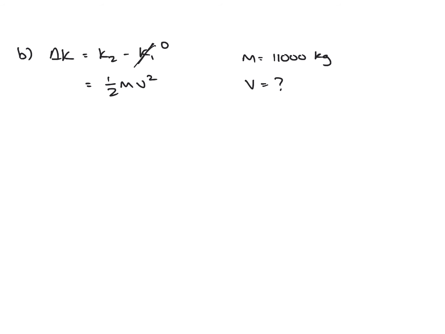Okay, so the orbital speed formula is square root of GM, that's a capital M, over r. So I'm going to apply that to find the speed of the satellite. Actually, I'm going to square it first, because now I can make a substitution into finding my kinetic energy.